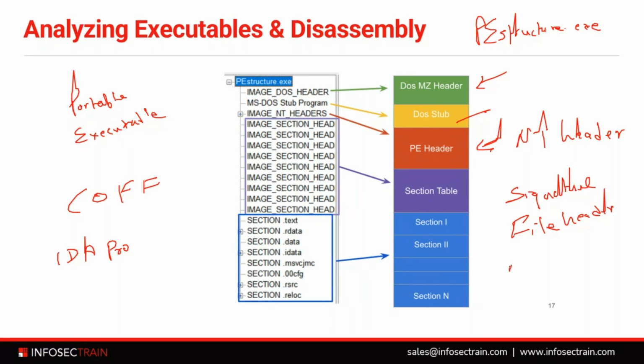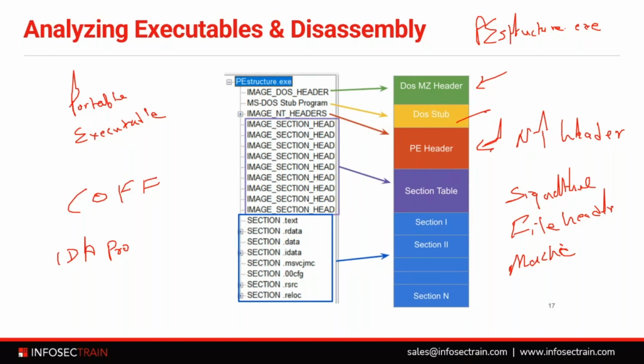Then there is a member called Machine, right? This member is a word that holds 2 bytes to tell us the information about the type of machine. That means 64-bit AMD64 CPU or i386 CPU, right? So the information of the CPU, then the number of sections, as I told, then the time and date stamp is also there, right?